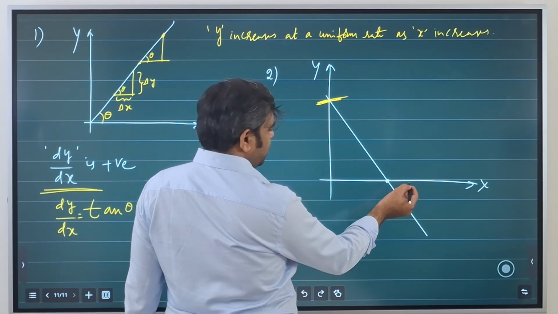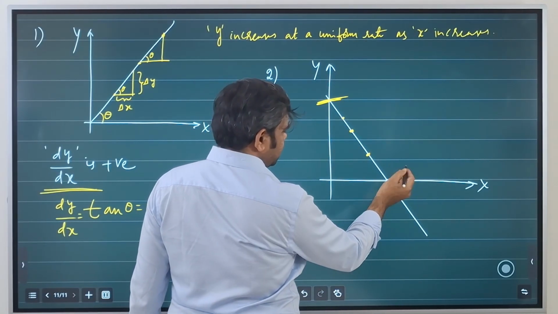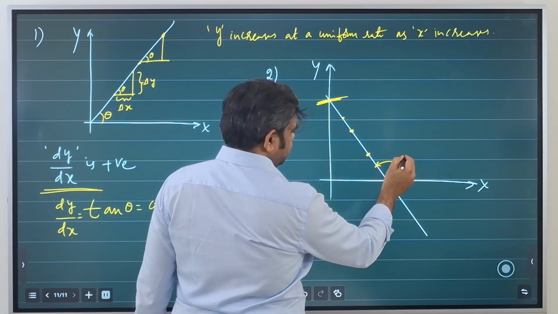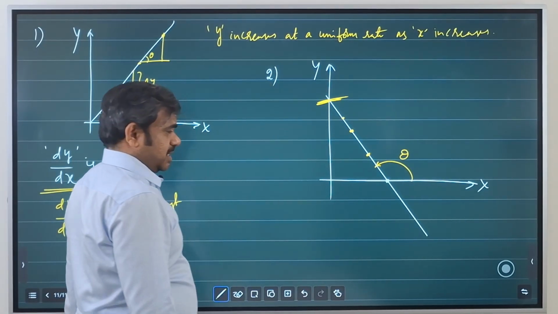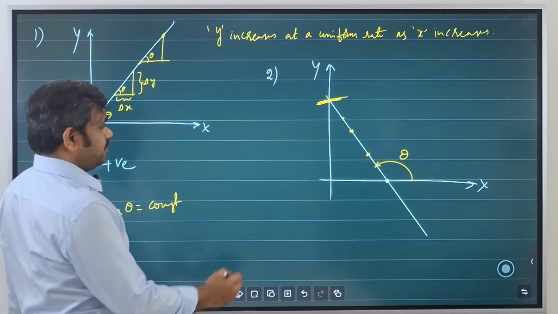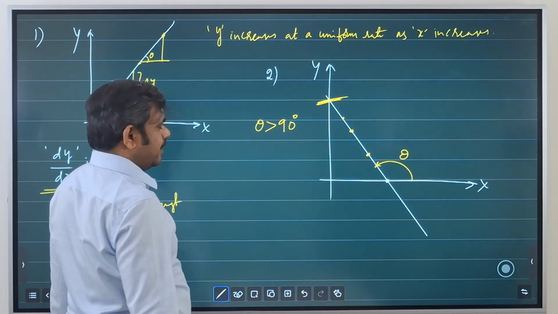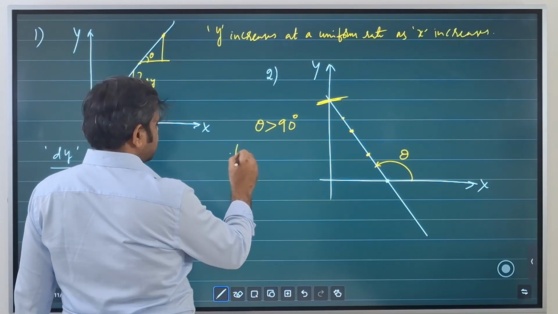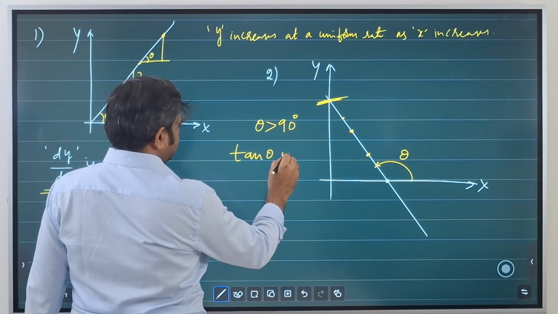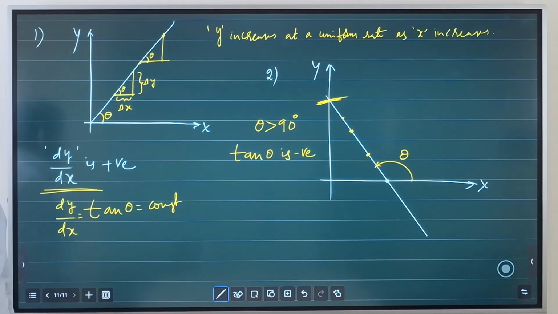Look at the angle made by the straight line, or the angle made by the tangent drawn to any point on the straight line, with the positive x-axis. That theta is greater than 90 degrees. Theta is greater than 90 degrees means tan theta is negative. And of course, it's a constant.